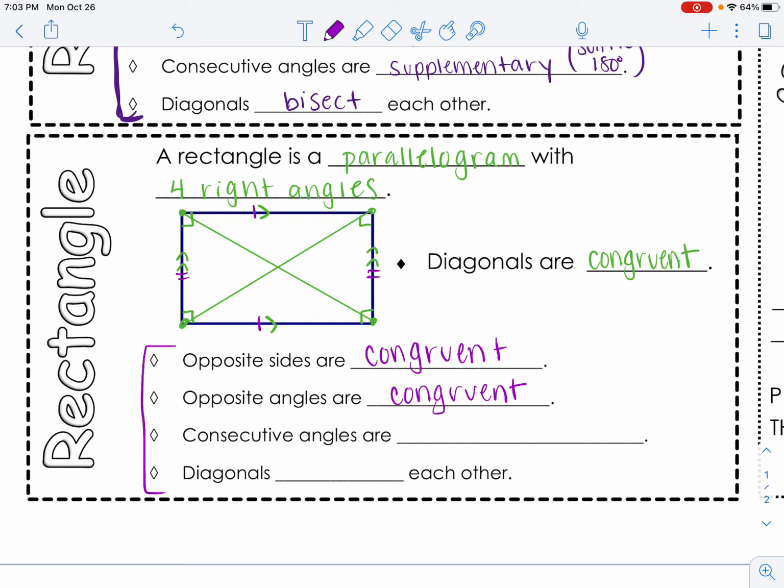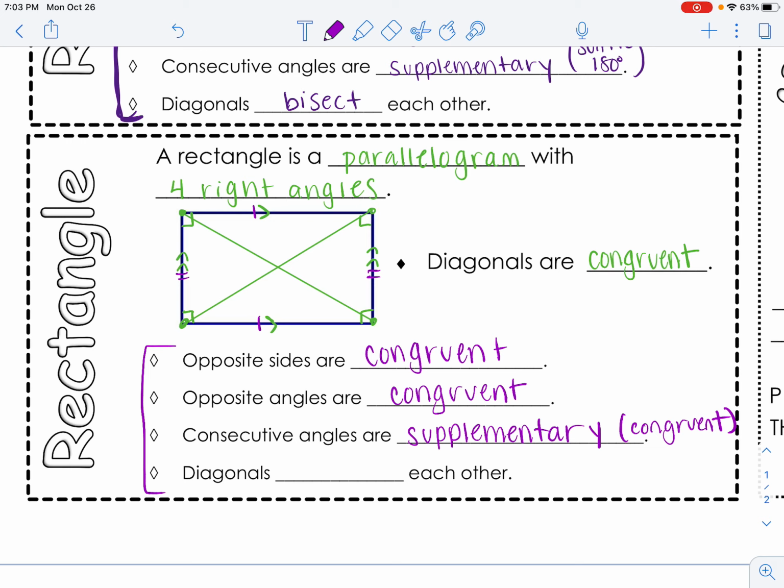All right, the next one says consecutive angles are supplementary. And this time in the rectangle, they are also congruent, right? All angles are congruent in the rectangle.